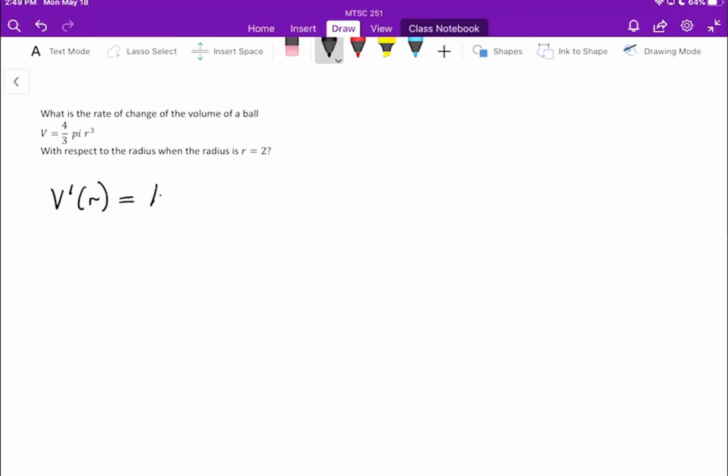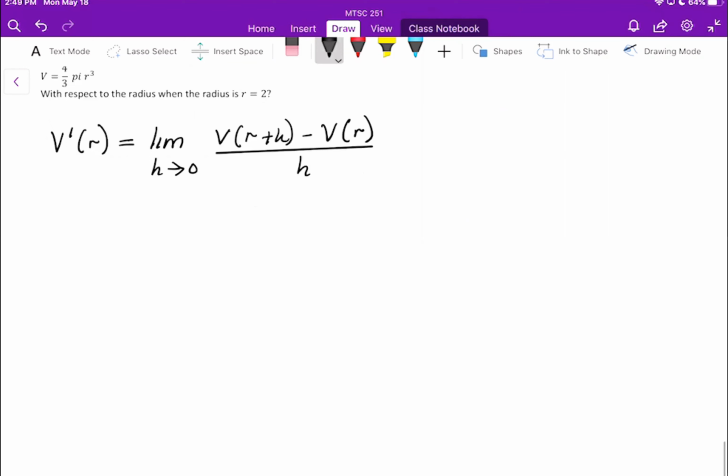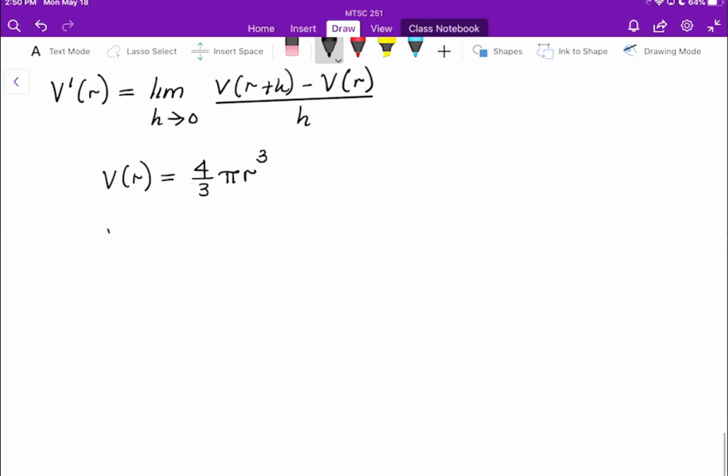Is going to be the limit as h approaches 0 of v of r plus h minus v of r divided by h. So v of r is 4/3 pi r cubed, and v of r plus h is 4/3 pi r plus h quantity cubed.